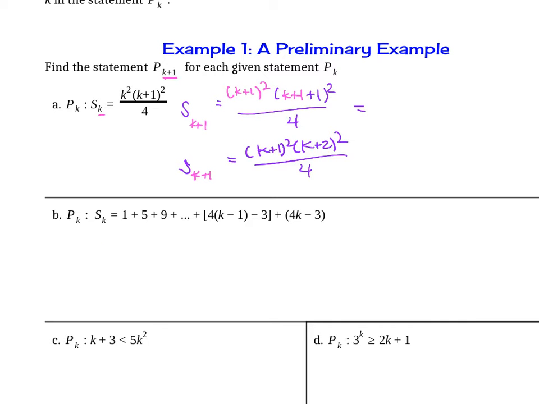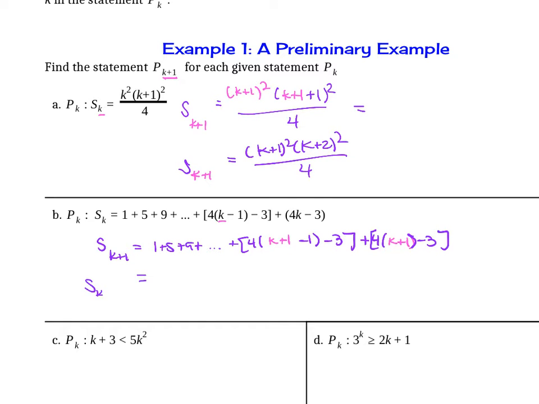For this next example, you have S sub k plus 1. So we're going to write this whole thing: 1 plus 5 plus 9 plus and so on, plus (4 times (k plus 1) minus 3), and then plus (4 times (k plus 1) minus 3). Let's simplify that as well.